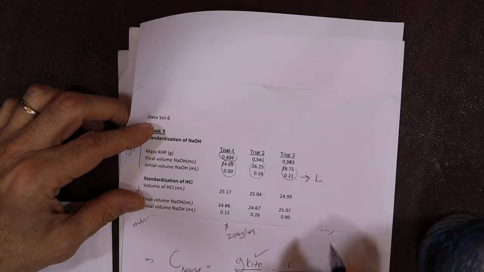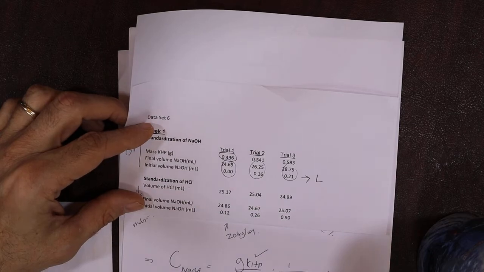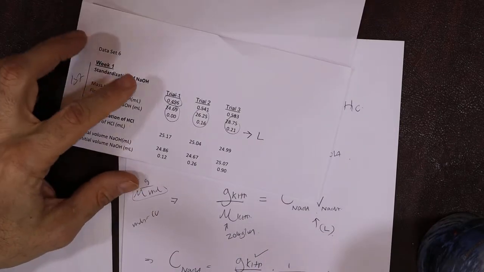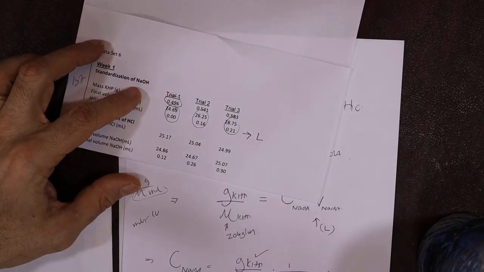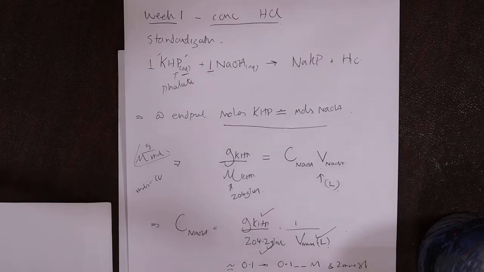Make sure you convert that to liters and you got it. So it's going to be approximately 0.1, but I want you to give me 0.1 and then 2 more sig figs. So work out an average, and you're good. Oh, move that up so you can see it. Feel free to pause.